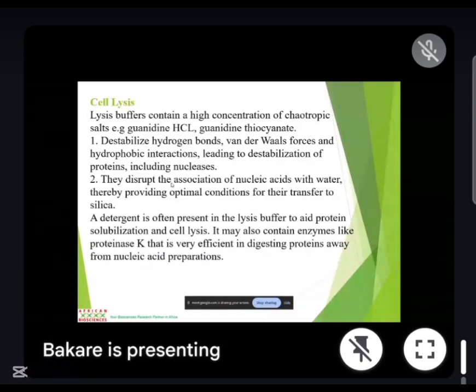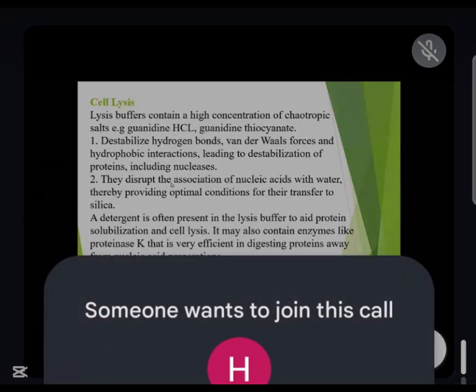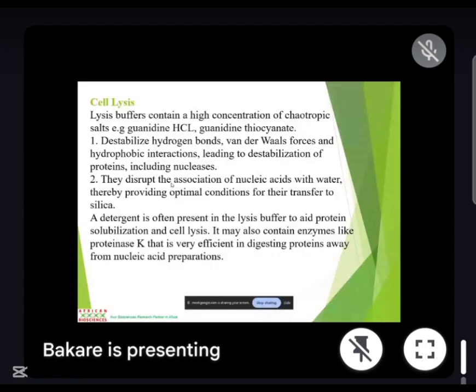Then it is followed by adding the GB lysis buffer. This lysis buffer contains a chaotropic salt, that's guanidine thiocyanate or guanidine hydrochloride. What this lysis buffer does is destabilize the hydrogen bonds and all the interactions within that genetic material.